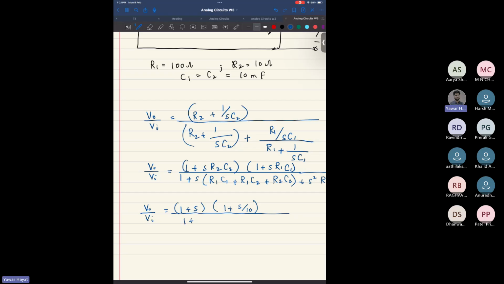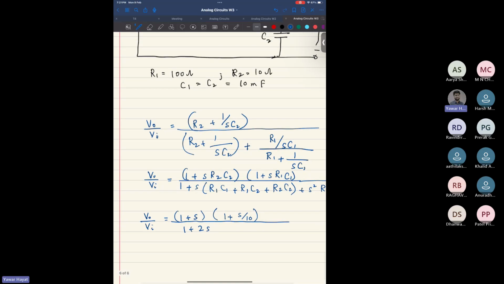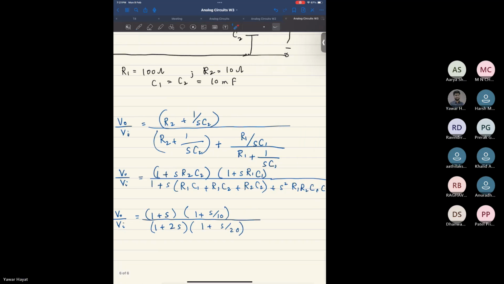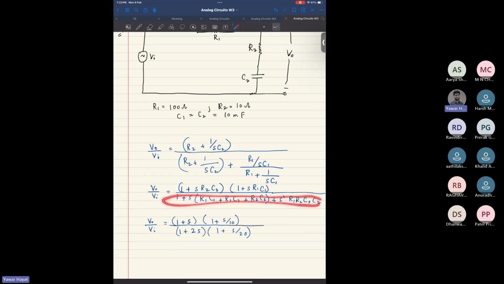And this is 1 plus 1 plus 1, which is 2s. Correct? Factored out with 1 plus 20. If you simplify this and put in these values, this is what you would get. So this is my transfer function, VO by VI in the S domain. That finishes this.